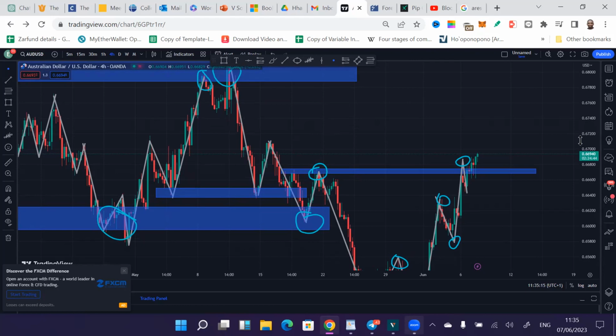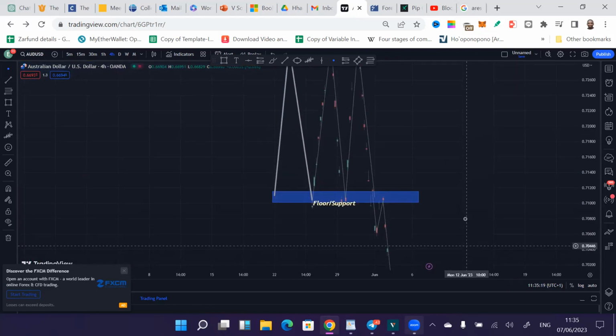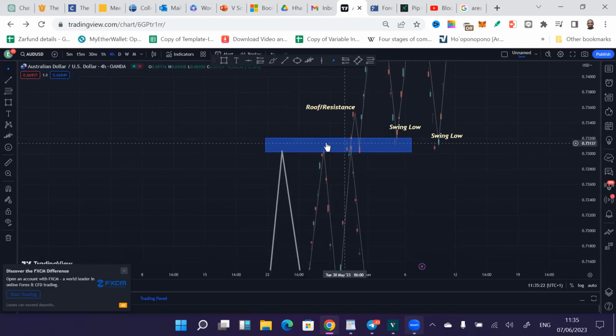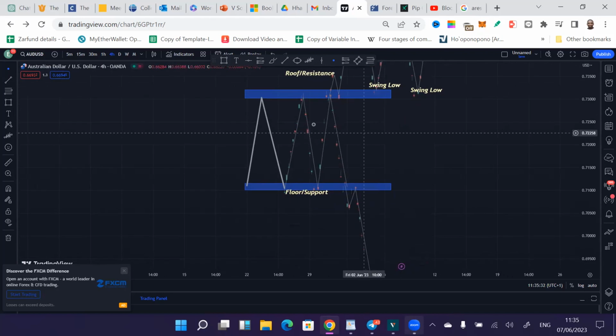Remember I said yesterday that when price gets to a resistance, it will fall, it will sell. When price gets to a support, it will rise, it buys.